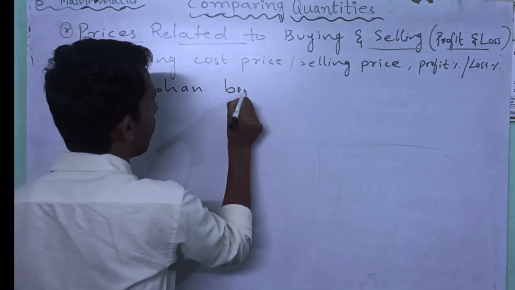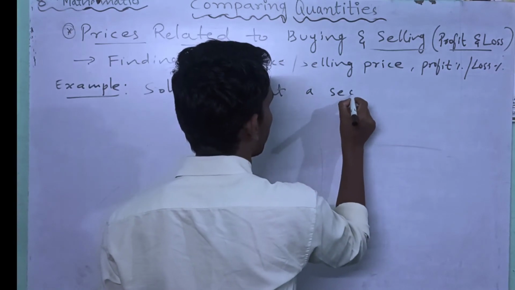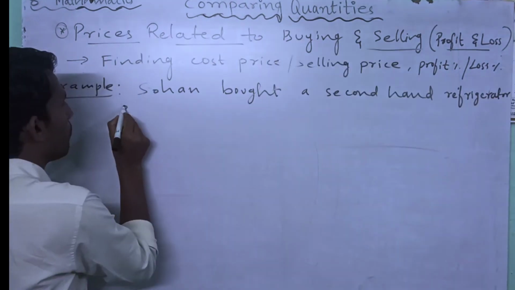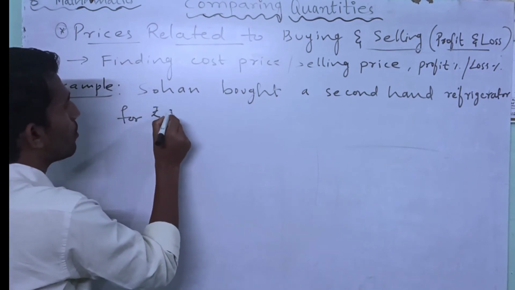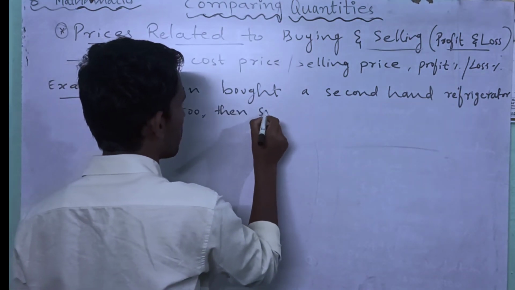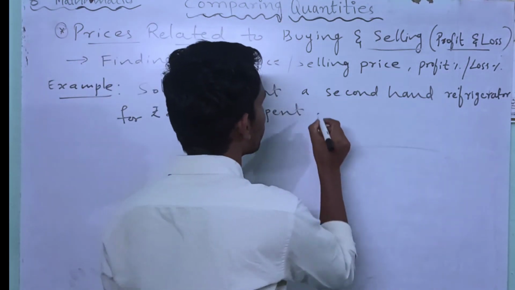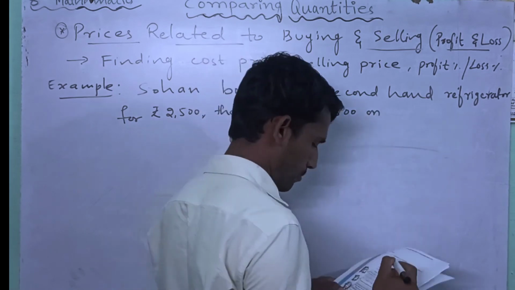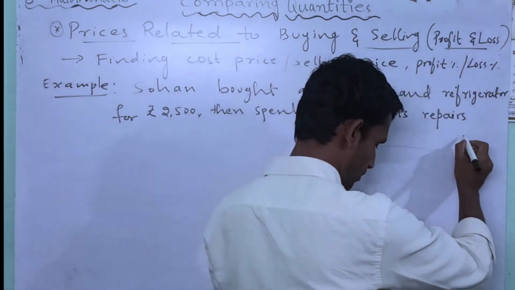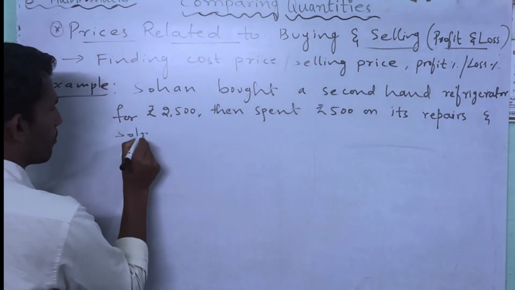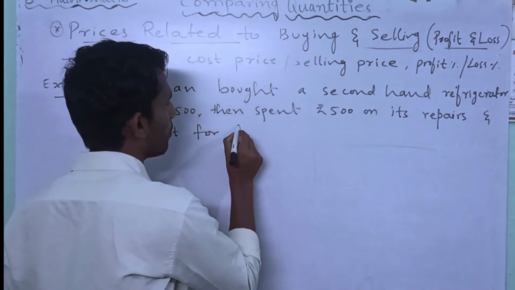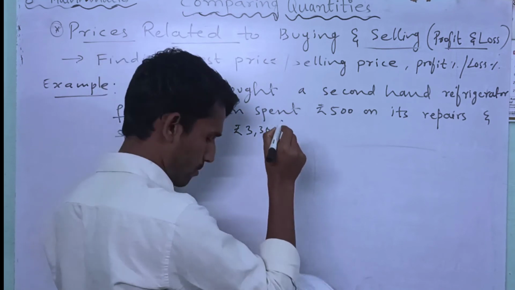Sohan bought a second-hand refrigerator for 2,500 rupees, then spent 500 on its repairs and sold it for 3,300 rupees.